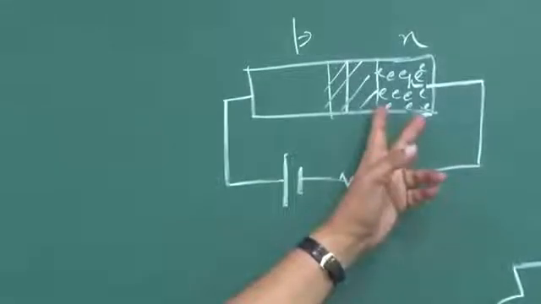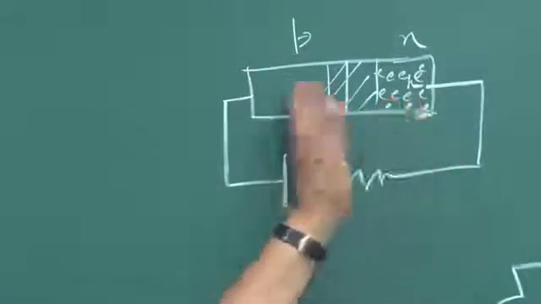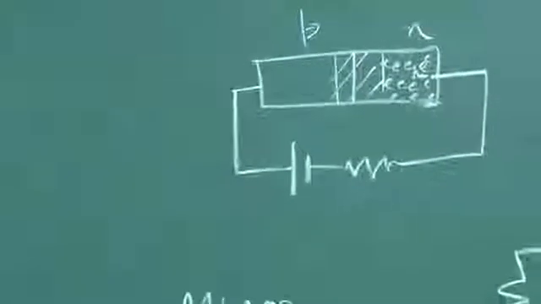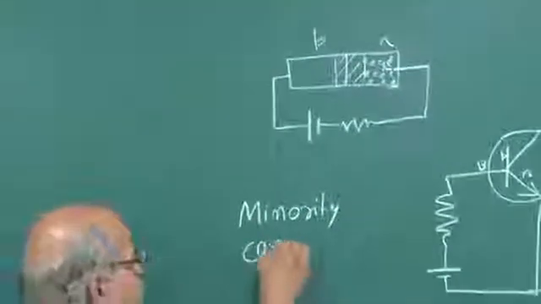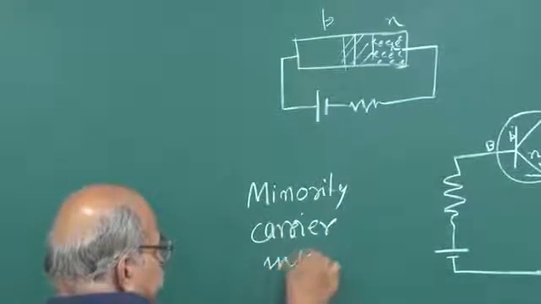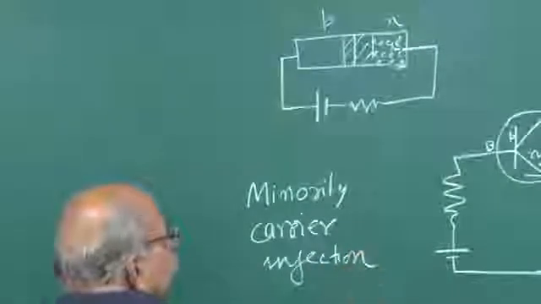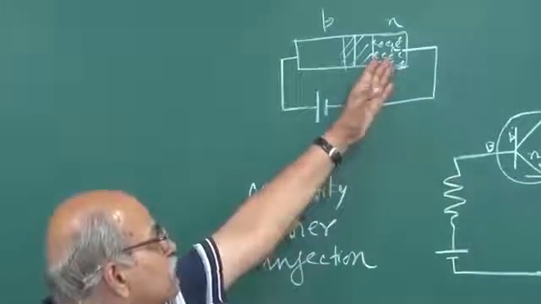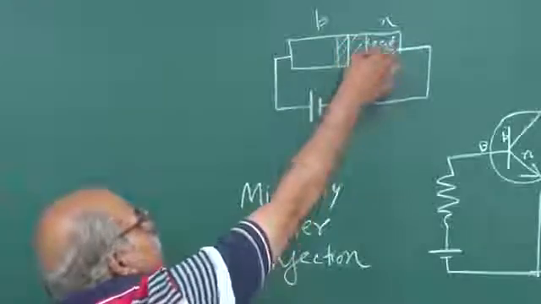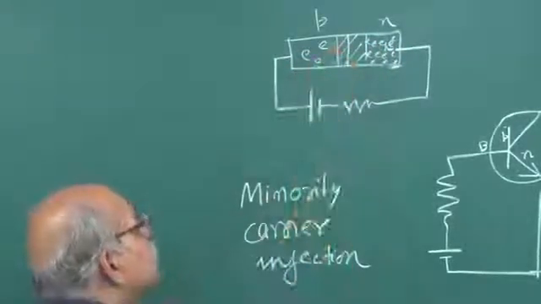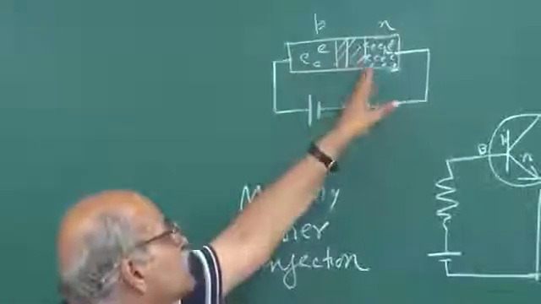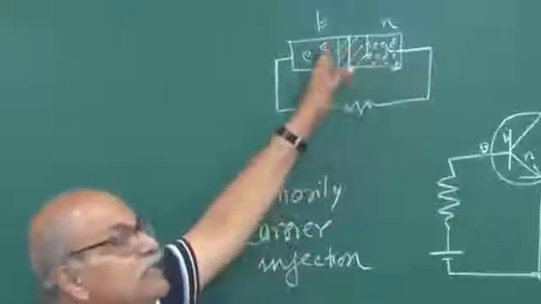So, the majority carriers, once that barrier is reduced, they diffuse to this side, which we call minority carrier injection. Because here they are majority, but when they diffuse through this depletion region and come to this side, if these electrons come to this side, they are minorities. This is P side. Electrons are minority carriers. So, a lot of minority carriers are injected from this N side into this P side.